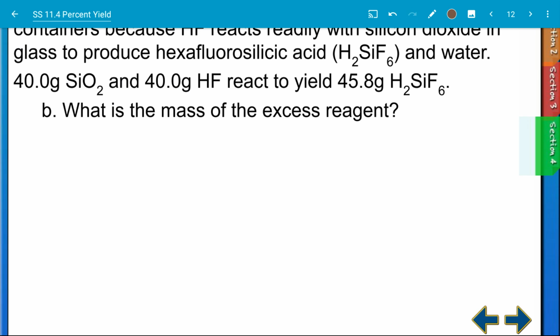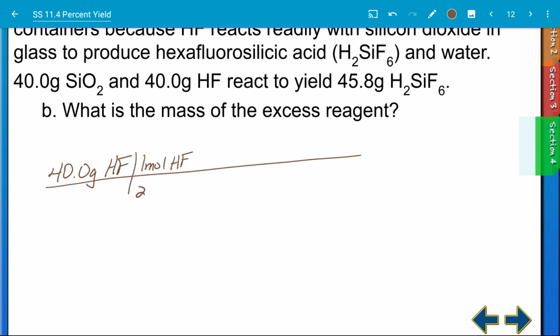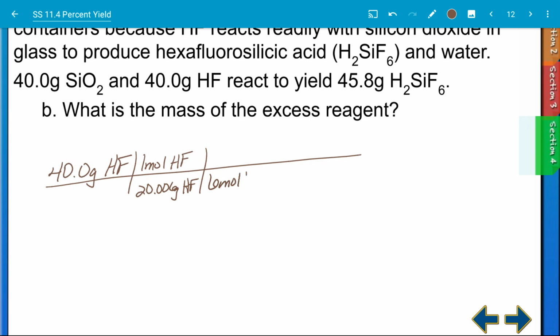So what we're going to do is we're going to start with 40.0 grams of hydrofluoric acid. And we're going to see how many grams of silicon dioxide gets used up. And then we can figure out how much is left over. So then 1 mole of hydrofluoric acid is 20.006 grams of hydrofluoric acid. And I know for every 6 moles of hydrofluoric acid, I use up 1 mole of silicon dioxide.